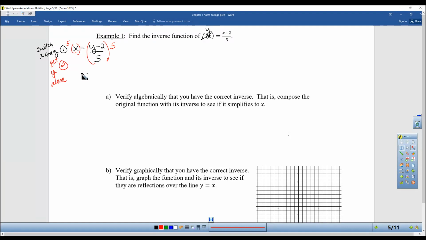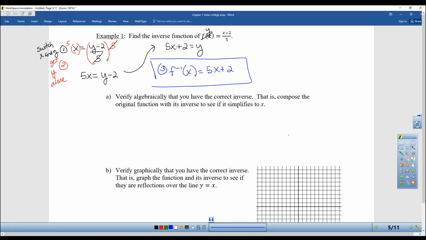All right, so on step 2, now I have 5x is equal to, so the multiply by 5 undid the divide by 5, y minus 2. And now I have 5x plus 2 is equal to y. Step 3, don't forget, is to rewrite it back as an inverse. So my inverse function is 5x plus 2. That's what you would box if you were doing a test.